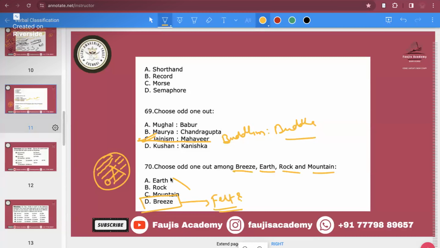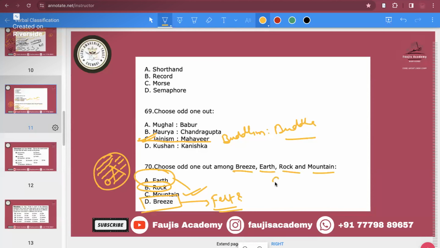But Earth, we can see. I mean, not the entire Earth. If we have to see the entire Earth, we'll have to go to space, or take pictures. And rocks are basically stones, and then your mountains. Mountains are also visible, right? Earth, rock, and mountain are similar in a way that Earth is made up of rocks and mountains.